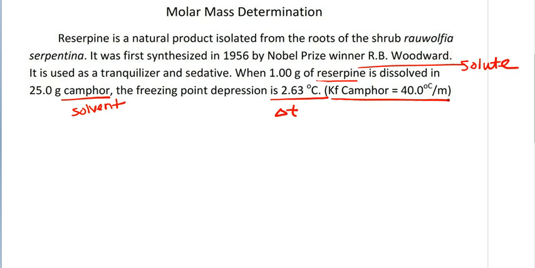The first thing we're going to need to do, though, is calculate mole. So let's figure out everything of what we have. And we're going to be using delta T is equal to, and I should probably make that a capital T to stay consistent, equal to Kf times molality times van't Hoff factor.